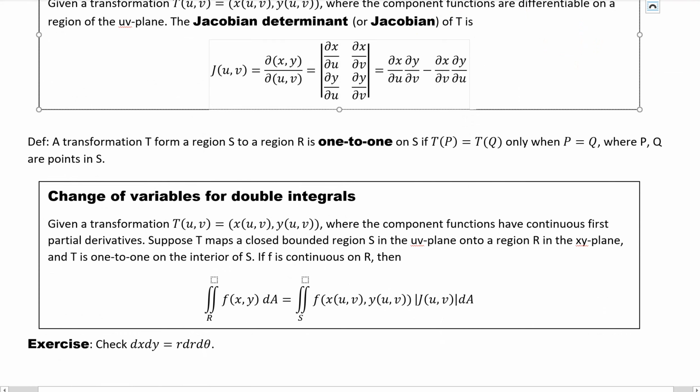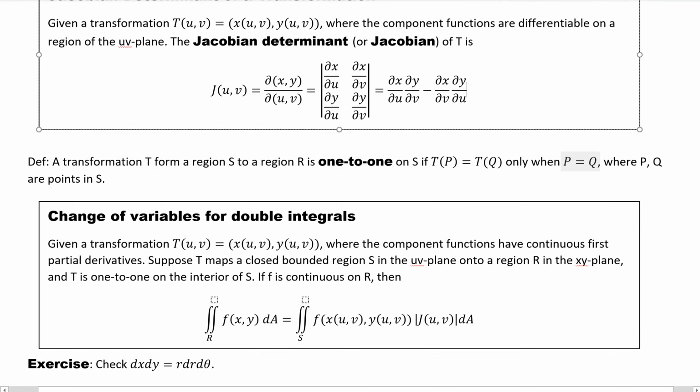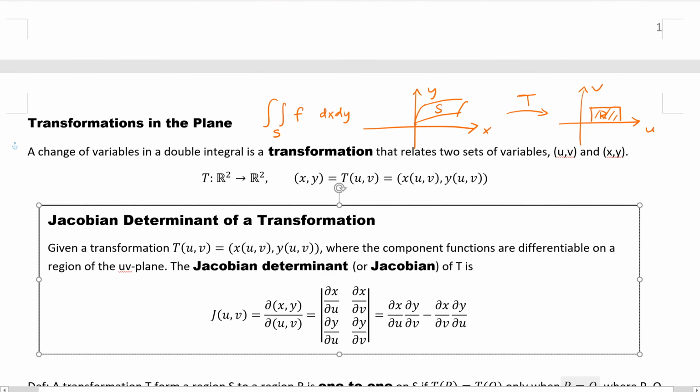Okay, so given a transformation T where the component functions have continuous first partial derivatives, suppose T maps a closed region S in the UV plane onto a region R in the XY plane, and T is 1-to-1 on the boundary of S. Sorry, my arrow is a little bit different. The arrow is this way.